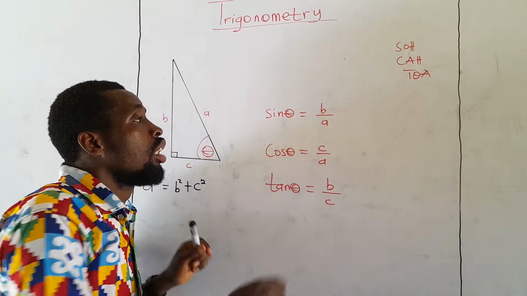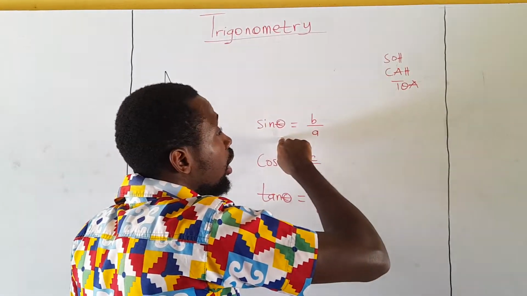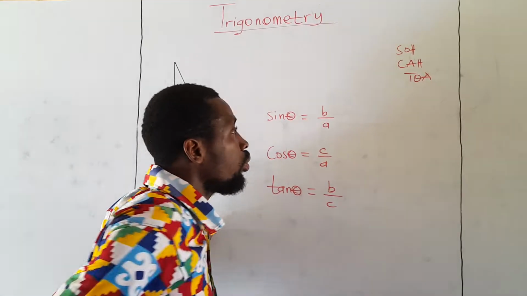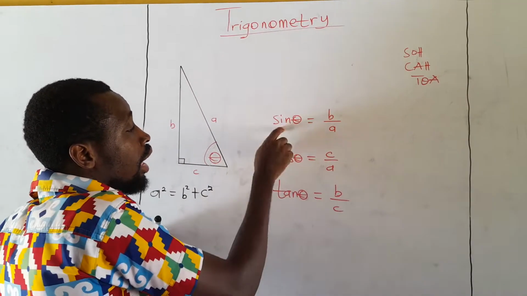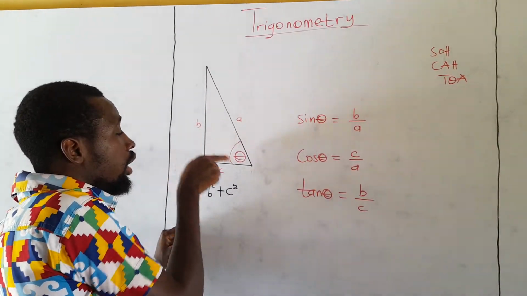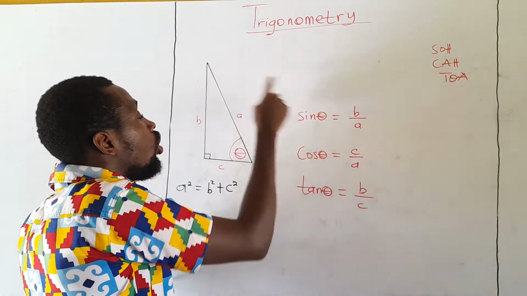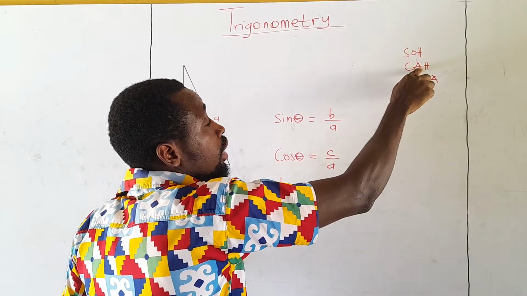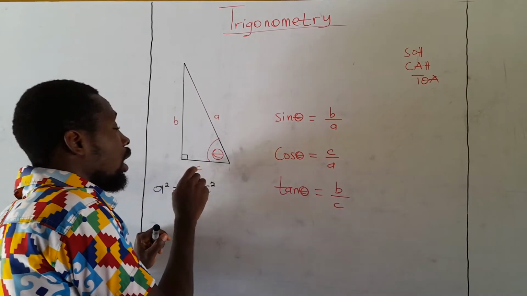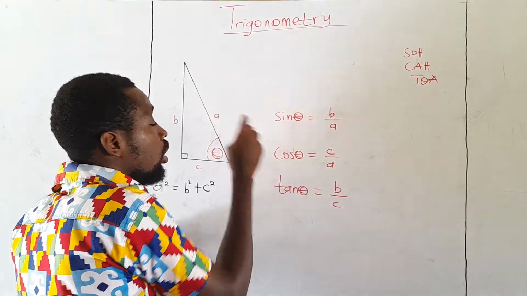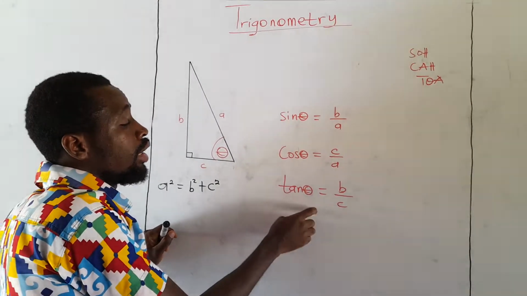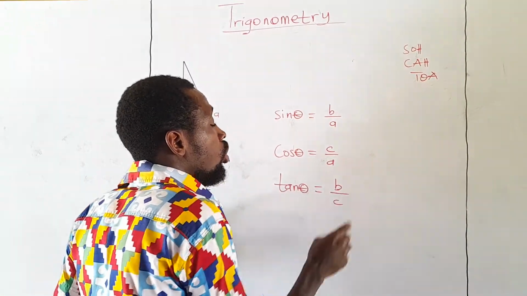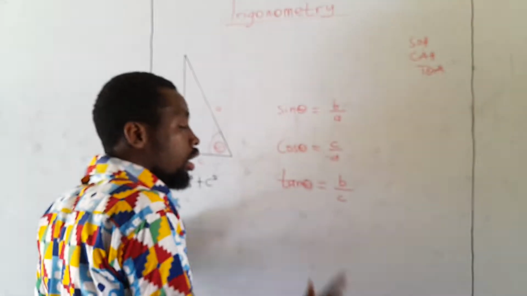Sine of the angle is the opposite over the hypotenuse. So sine theta is the opposite, the side against the angle, that's B, over the hypotenuse, A. Cos theta is adjacent over hypotenuse, that's C over A. And tan theta is opposite over adjacent, so B over C.